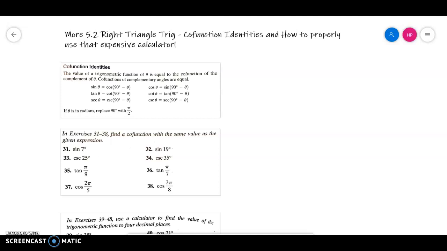And so the reason this works the way that it does, and we did talk about this a little bit in that last lesson. If I have this right triangle and I have my angle theta, this is the side that is adjacent to theta. This is the opposite side, and this will always be my hypotenuse.